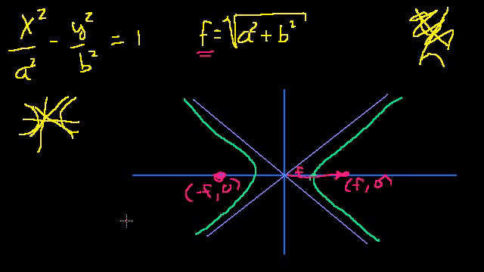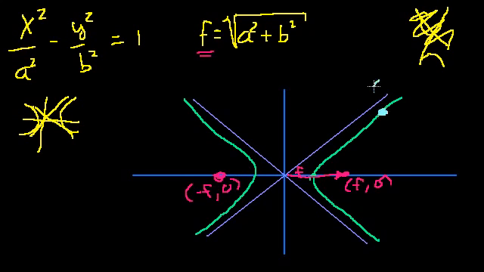Now, we learned in the last video that one of the definitions of a hyperbola is the locus of all points, or the set of all points, where if I take the difference of the distances to the two foci, that difference will be a constant number.